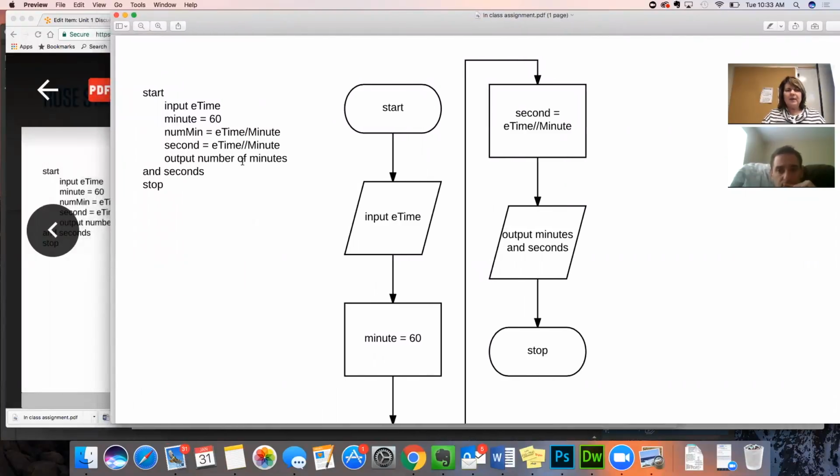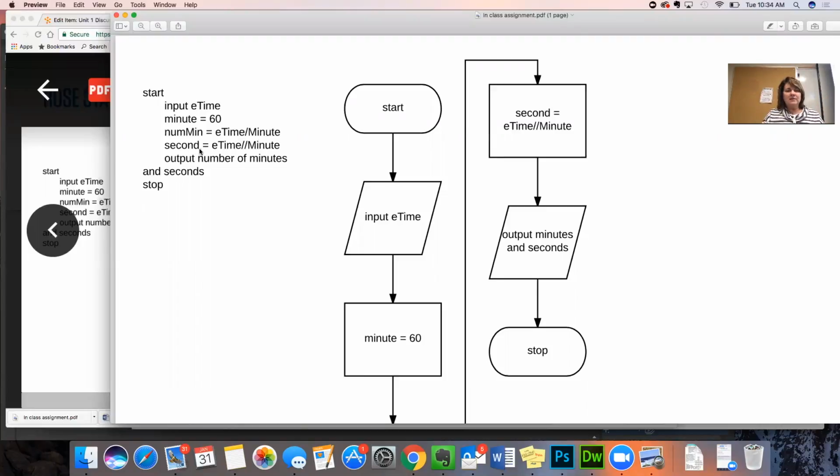Pseudocode. Okay, so minute equals 60. Number of minutes is going to be E time divided by minute. We're dividing however many seconds they put in. If, like the example said, E time equals 130 seconds and you divide it by 60, you get 2 for number of minutes.